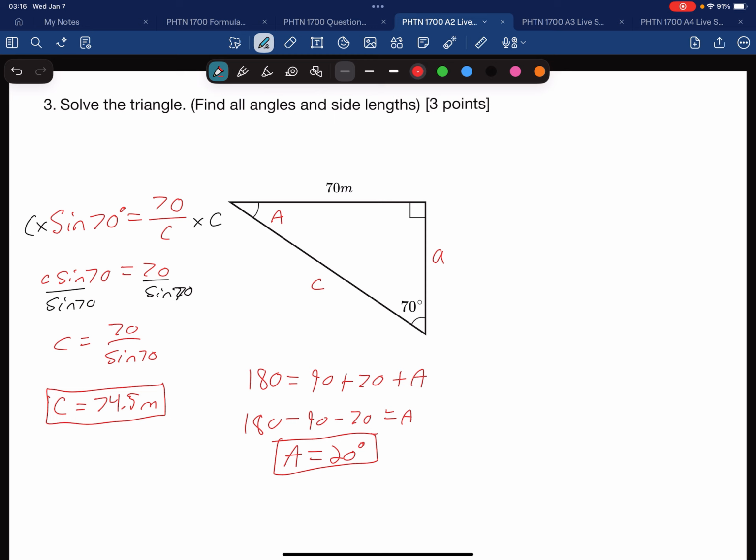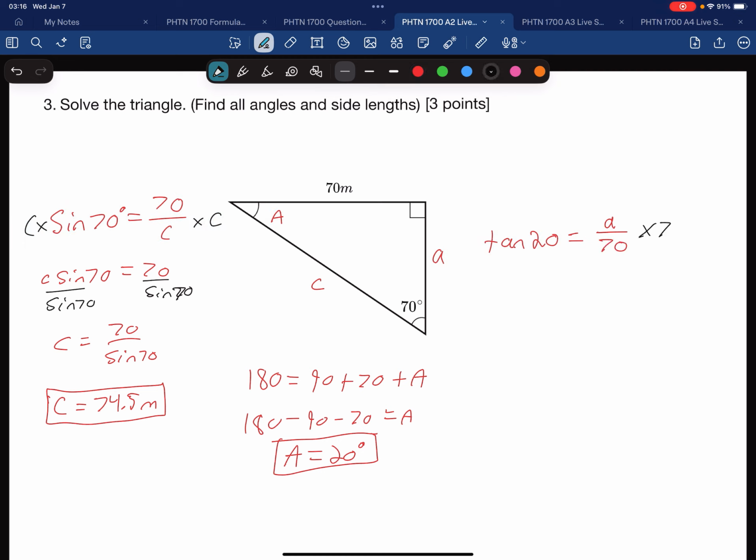Nice. And lastly, I will find side length A using tangent. So I will say the tangent of the 20-degree angle I just found is equal to the opposite, which is A, over the adjacent, which is 70.